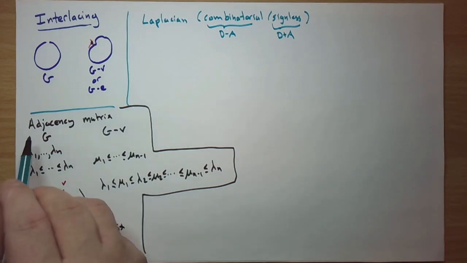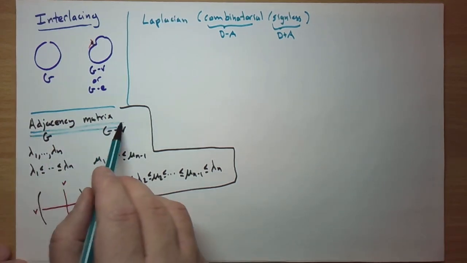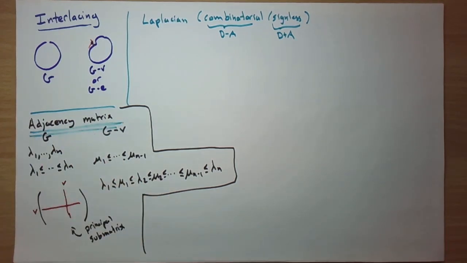So you'll notice that we make careful assumptions about what kind of matrix we're dealing with, because adjacency matrices will behave differently than Laplacian, will behave differently than normalized Laplacian, and so forth. So you have to make sure you're in the right setting. Now, what happens for our combinatorial, our signless Laplacian?